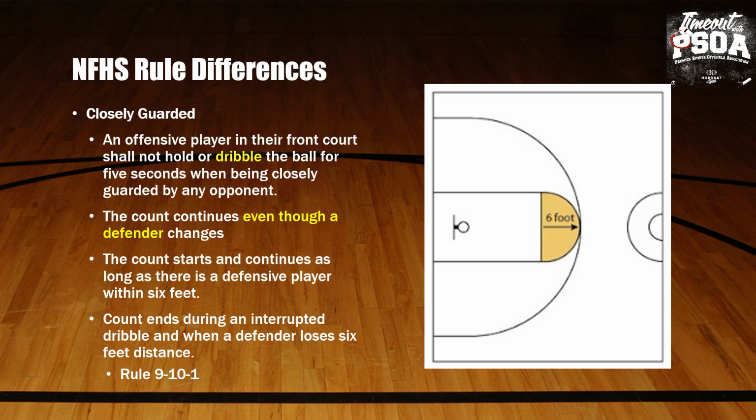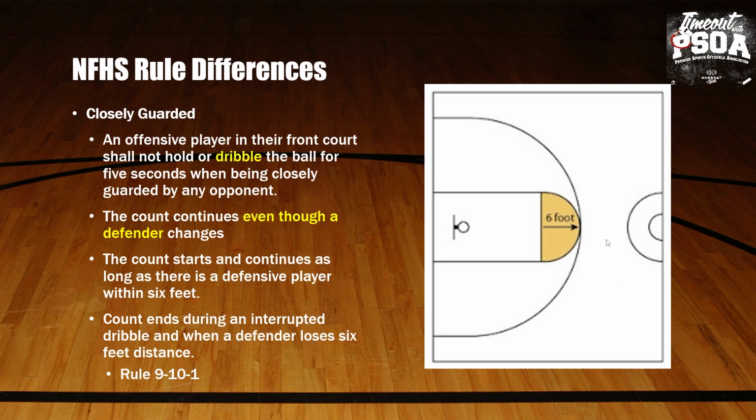The other difference is in high school, even if they switch defenders, as long as a defender remains within 6 feet continuously guarding that offensive player, that count continues. In college, it has to be the same defender. In high school, it's any defender. They can switch, and that count keeps on going.